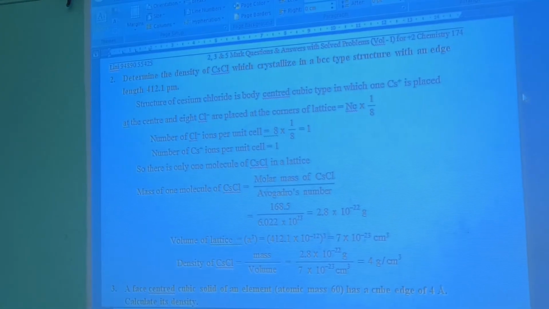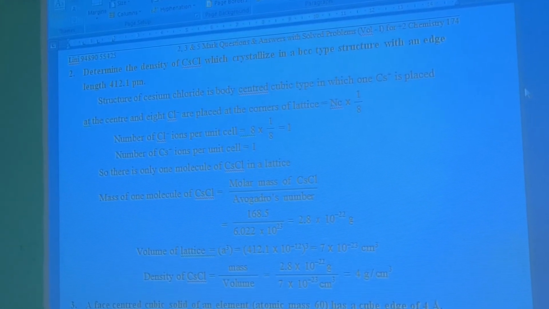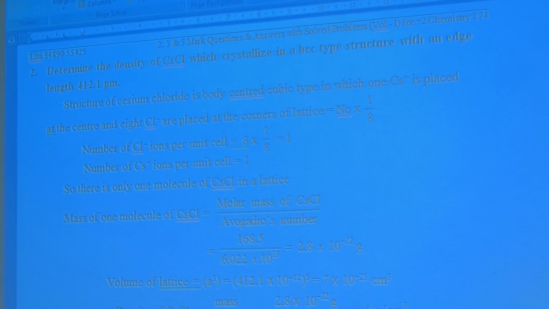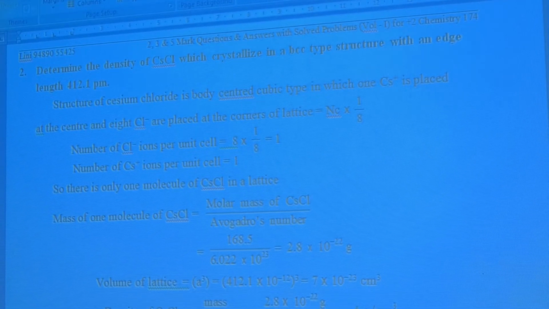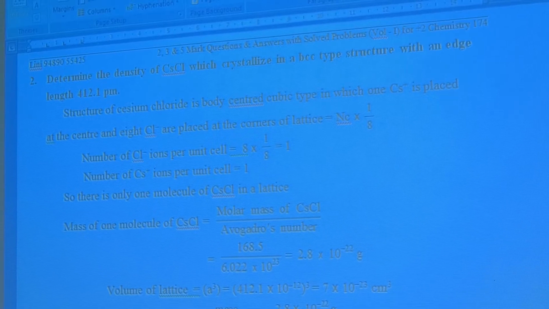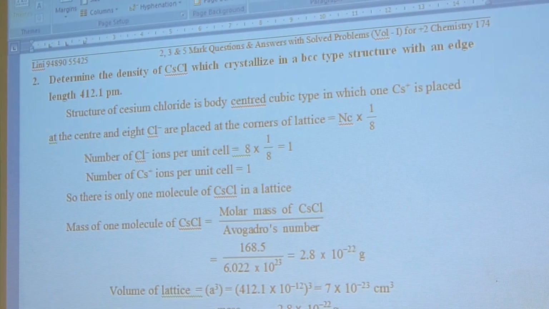Determine the density of cesium chloride which crystallizes in a BCC type structure with an edge length of 412.1 picometer. Cesium chloride corresponds to a body centered cubic unit cell, that you may be aware.